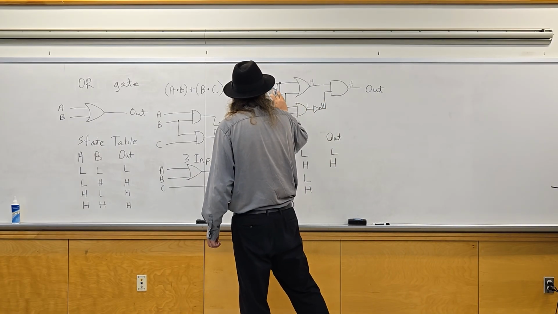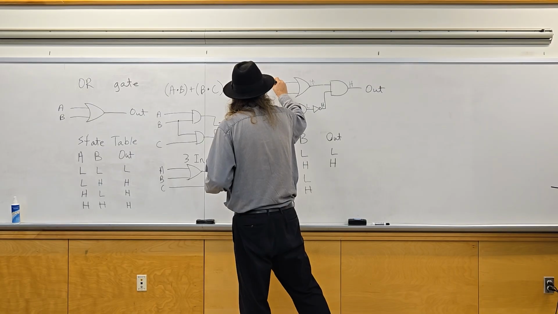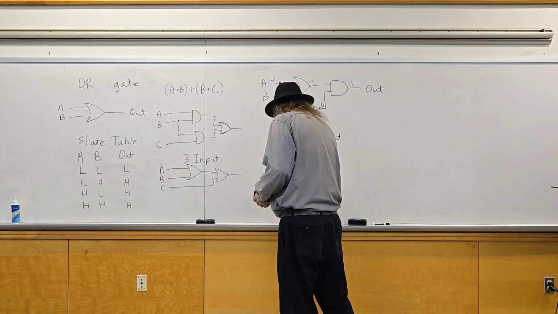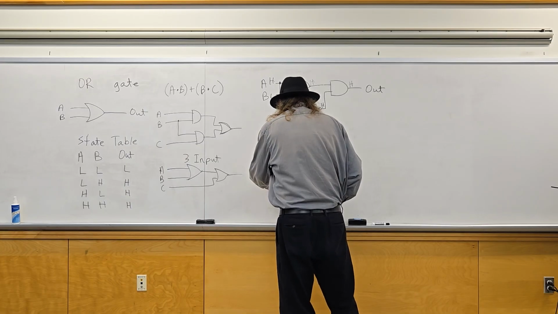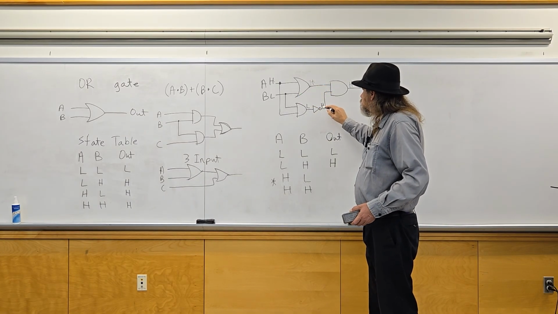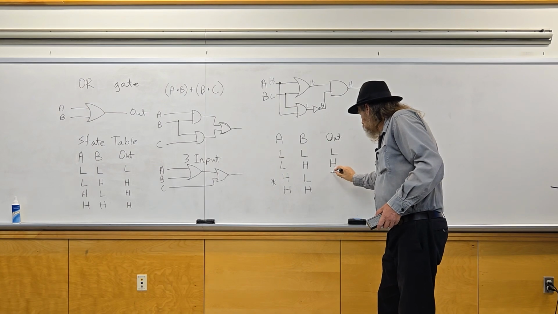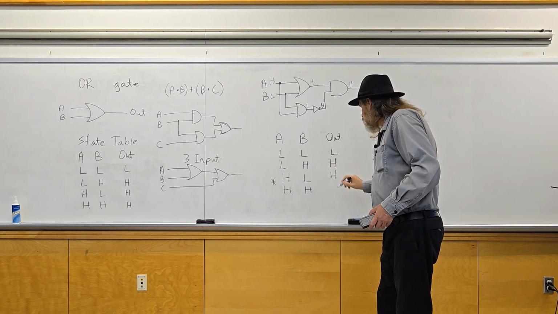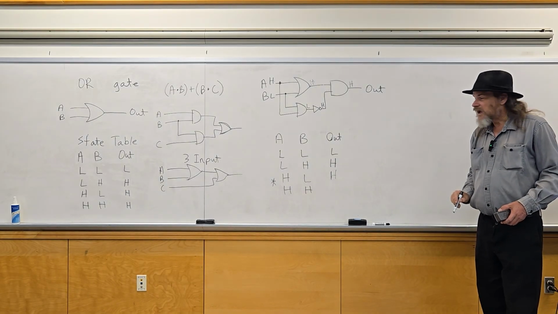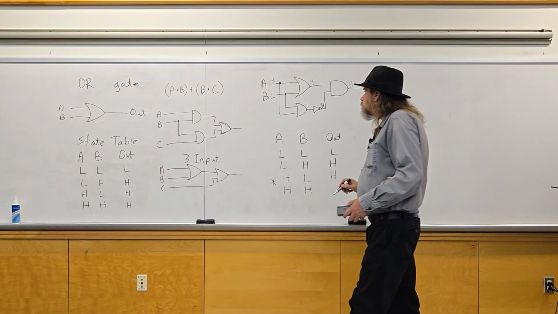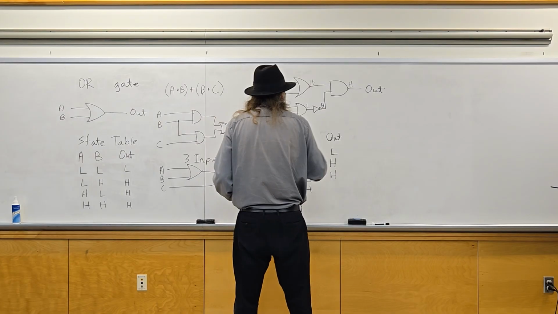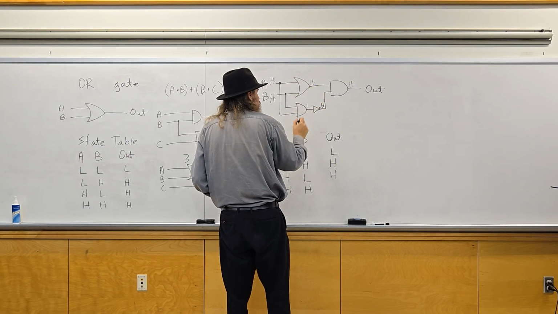Same thing happens with high and low. Makes that high, makes that low, high and high, high. And then if you put both these high, the OR gate will be high.